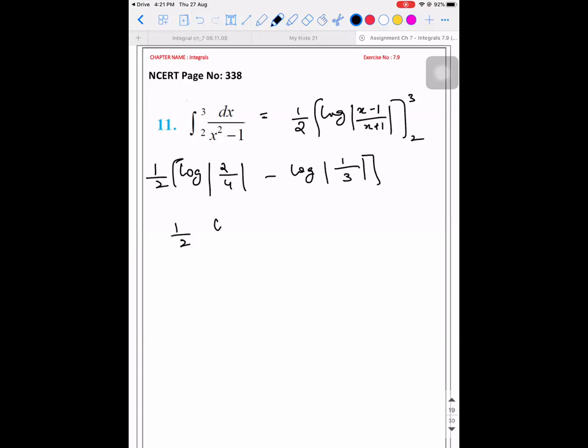So what will you get? Half into log of 3 by 2 plus 3 by 2. That's it.